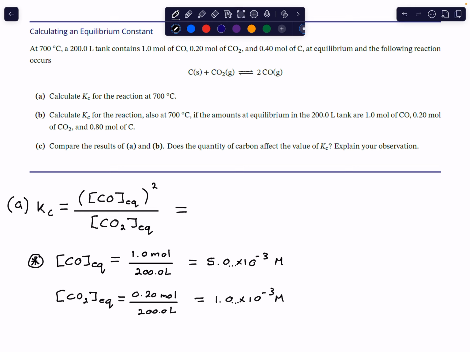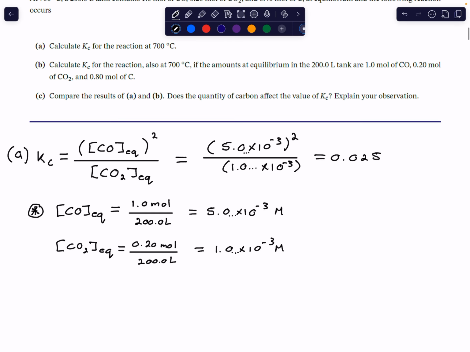Now plug it in: we take 5.0 times 10 to the negative 3, remember to square it, and divide by 1.0 times 10 to the negative 3. Carry all your decimal places, and you should get a value of 0.025.